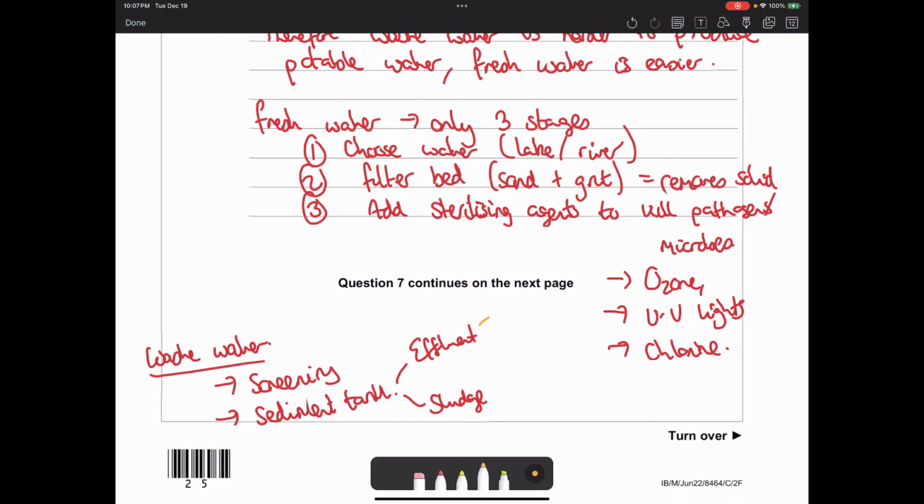We should remember that effluent is treated with aerobic digestion of bacteria, whereas the sludge is treated anaerobically, without oxygen. And then the effluent can be put back into the environment, and the sludge can be used for things like fertiliser, etc.